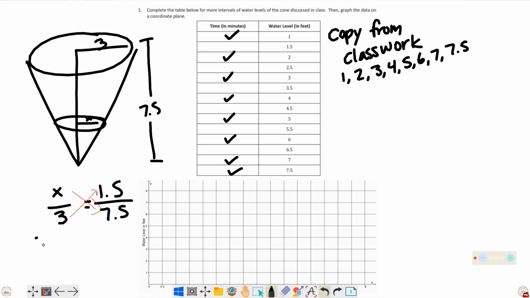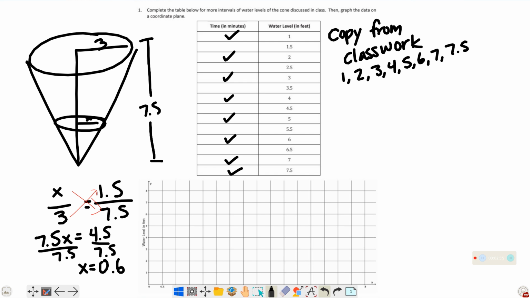X times 7.5 is 7.5x, and 3 times 1.5 is 4.5. Then, to solve for x, we're going to divide both sides by 7.5, and x comes out to 0.6.